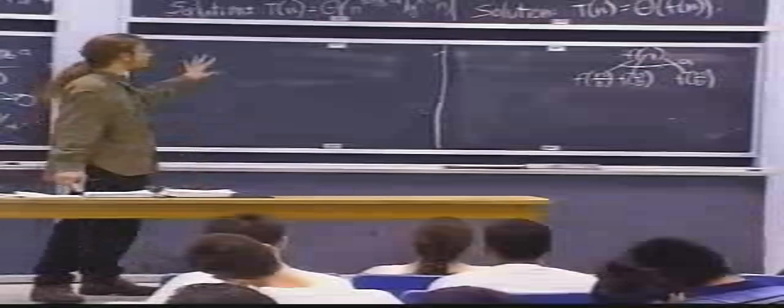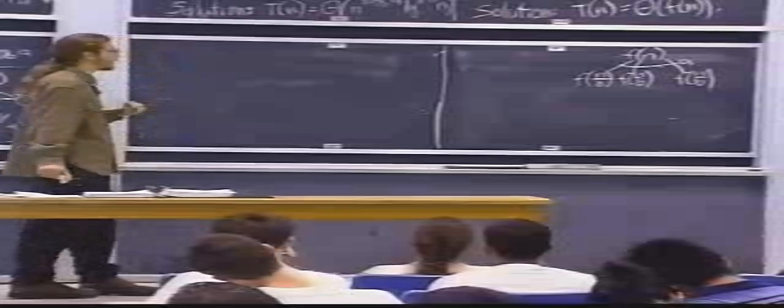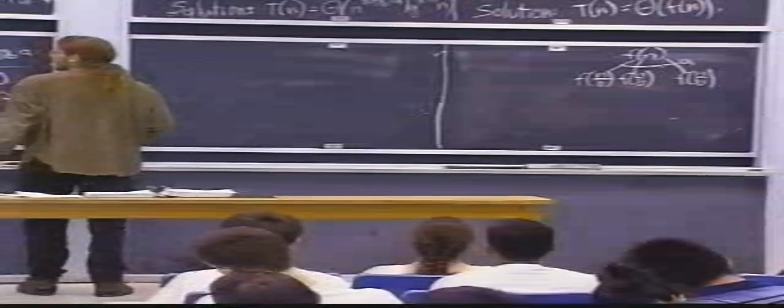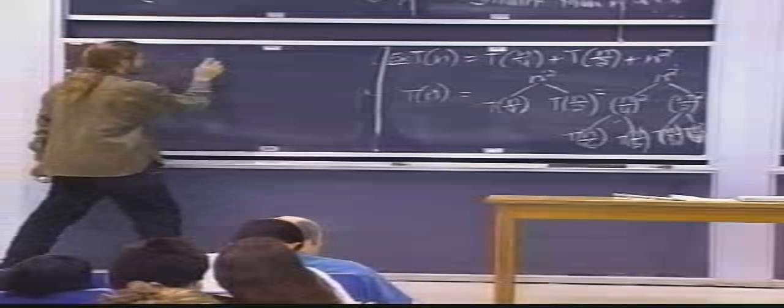Before I tell you more intuition about the master theorem, I want to do some examples. So let me do them over here. Good. First example is one we've seen before.